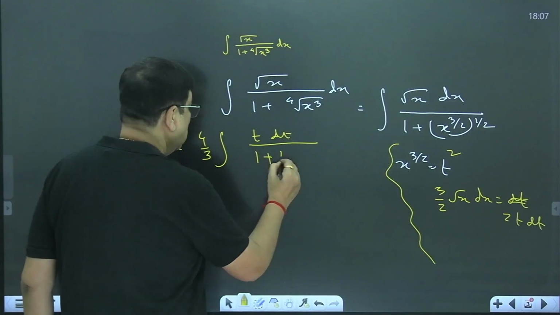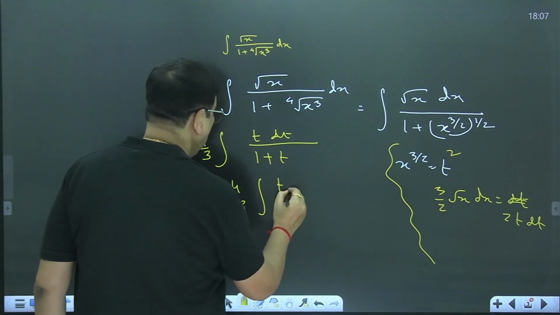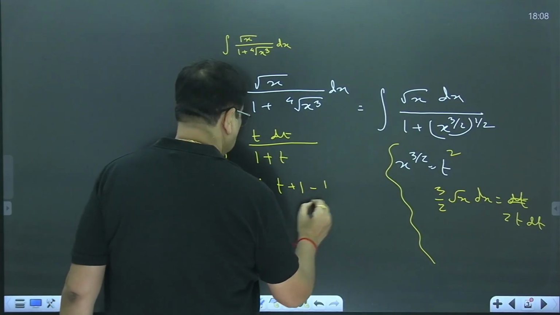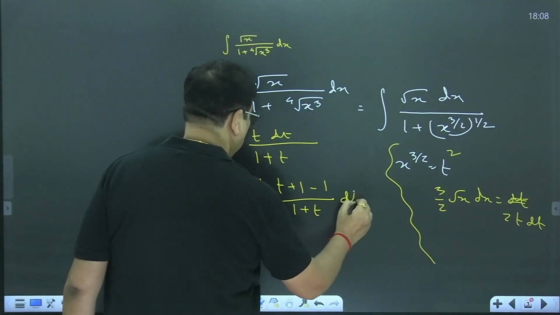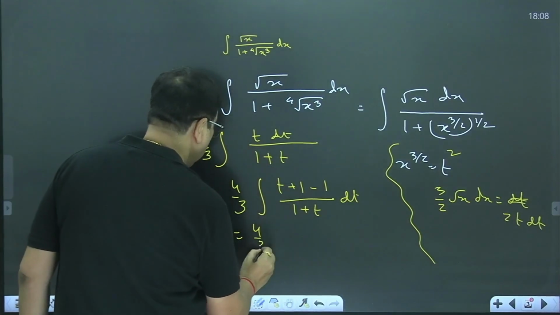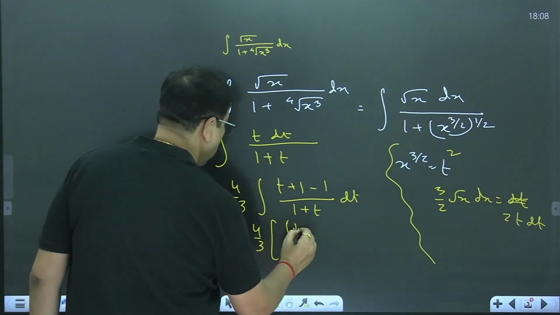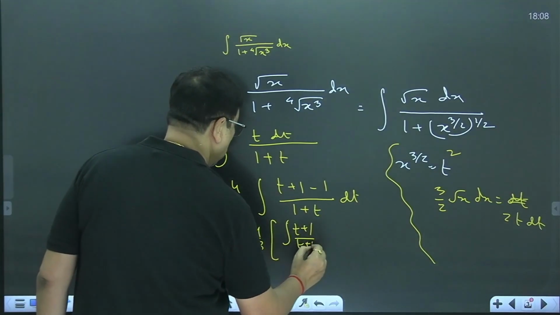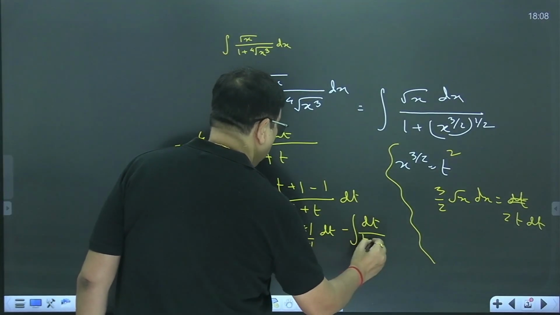So 1 plus t. Now simple substitution cases, everybody, this is a very important substitution. Always I am telling about that, not just this particular sum. Substitution is very important always. So we can write 4/3 times (t plus 1) by (t plus 1) dt minus dt by (t plus 1).